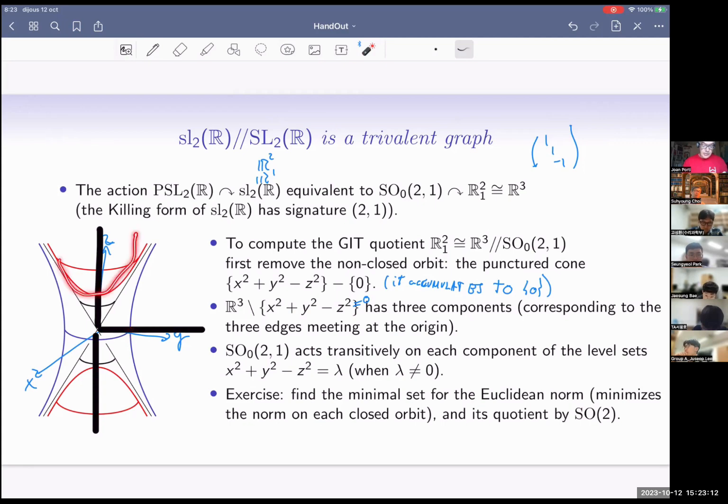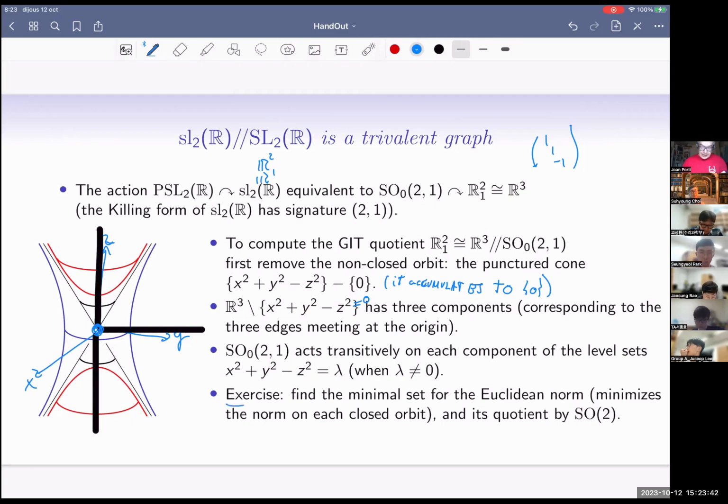Each upper leaf meets these edges in just one point, and each lower leaf meets its edge in just one point. The final quotient is, of course, with the origin too, which is here. And this is why this quotient is a non-algebraic, semi-analytic set, but just a semi-algebraic set, okay?